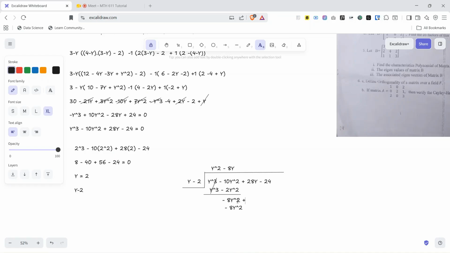After this, we bring down the 28 lambda. Minus 2 times minus 8 lambda gives us plus 16 lambda.